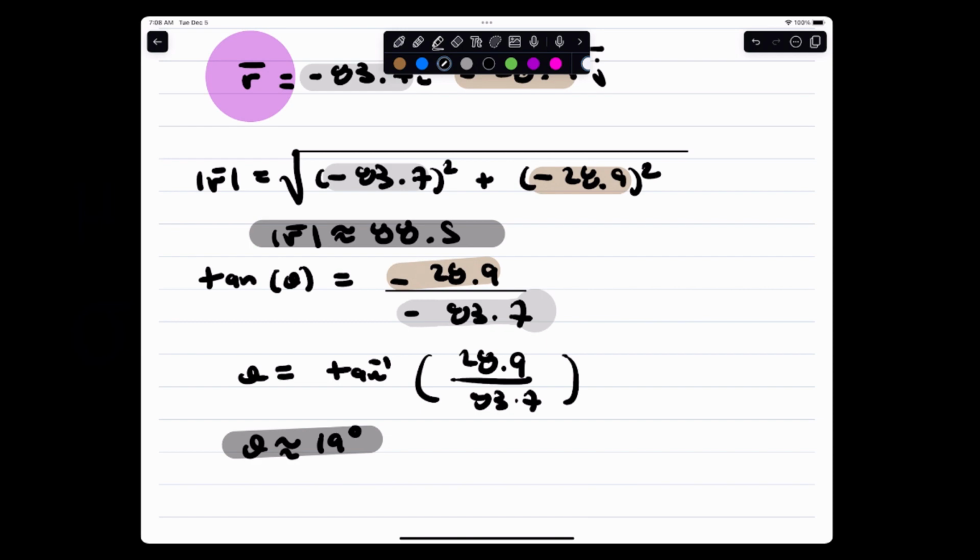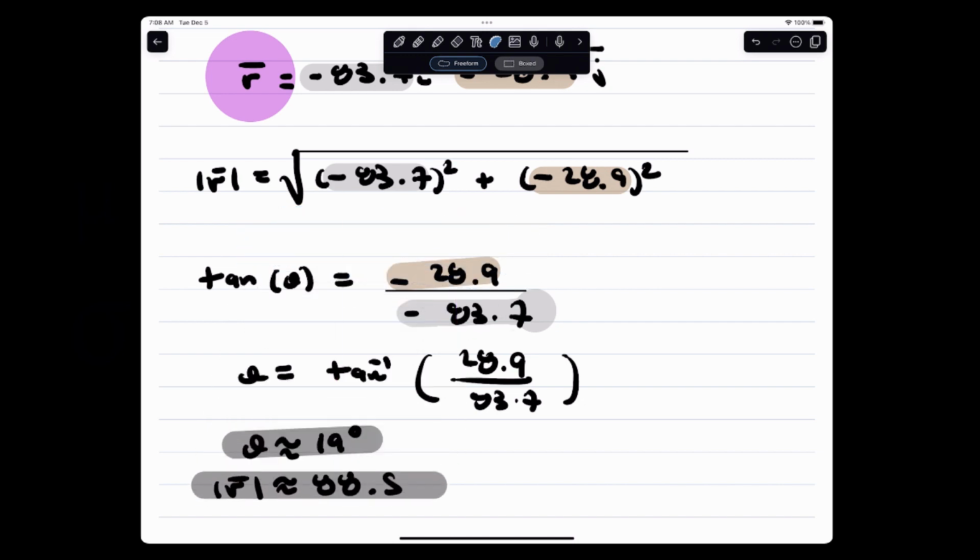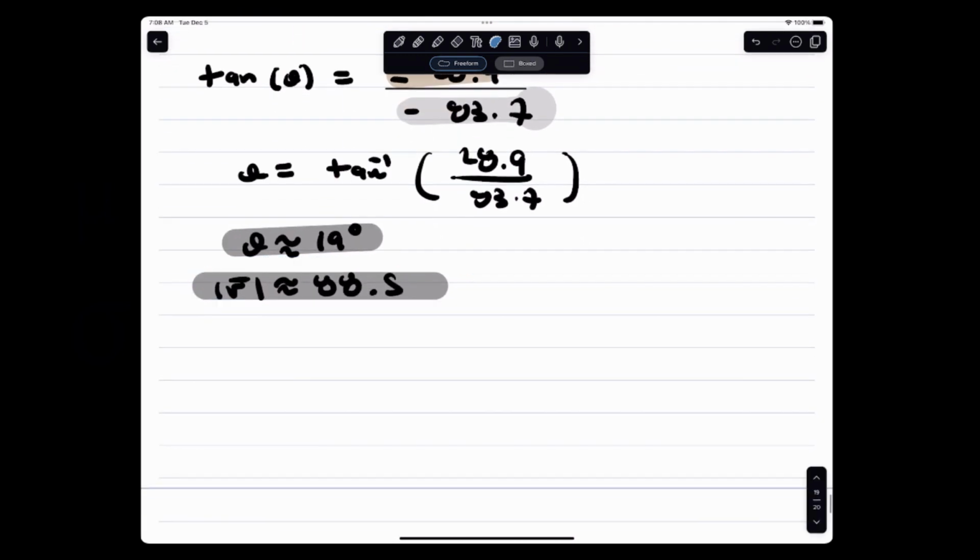If we go back, let's take all this information in. I'm going to do this here. I'm going to move it down here, okay? And move this down here.